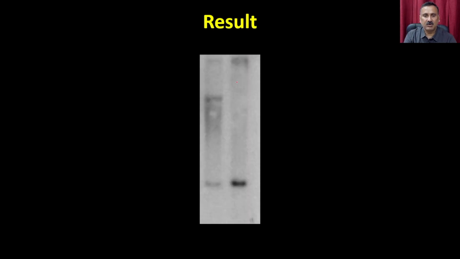This is the Southern blot of the DNA of the plant product. This is the untreated and this is the treated sample. What you see here is a very intense band of the fragment of that particular probe, which clearly says that it is present as a single copy of that particular gene in this plant.